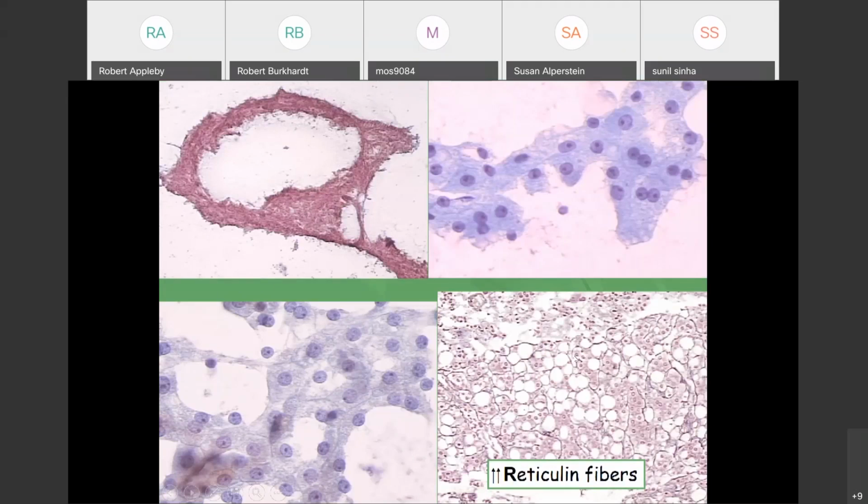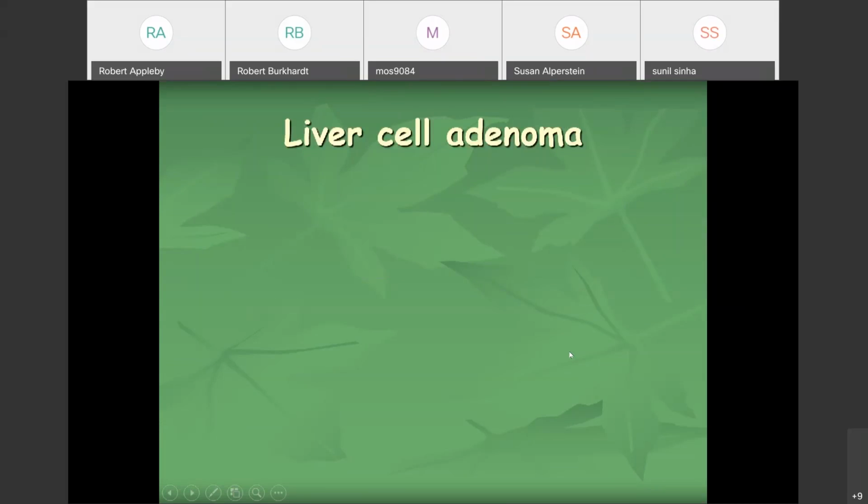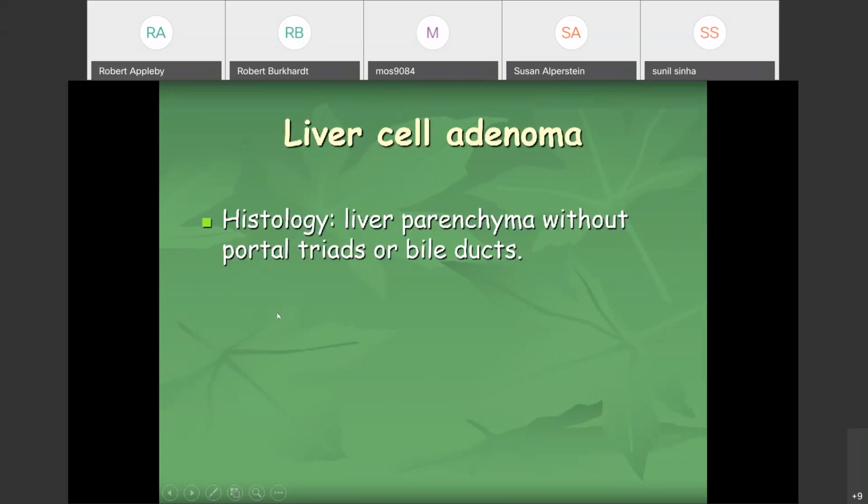The histology follow-up is liver cell adenoma. The histology is liver parenchyma, but without triads or bile duct. It's just pure hepatocyte.